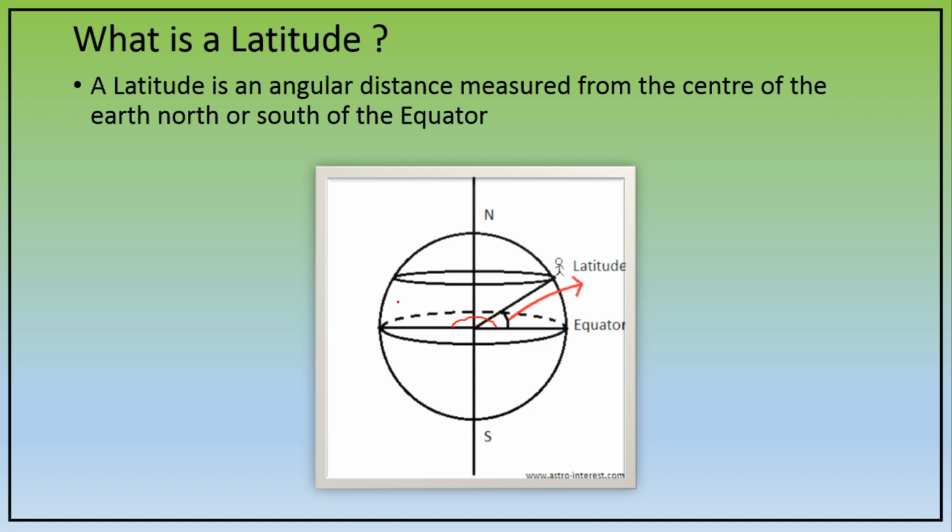I can also make another angle this side. And when I join these two lines, they become the line of latitude. And what will be the degree? The degree will be 30 degree north.